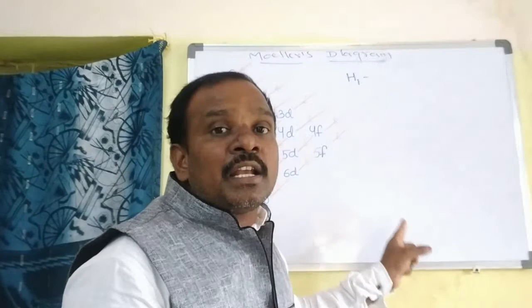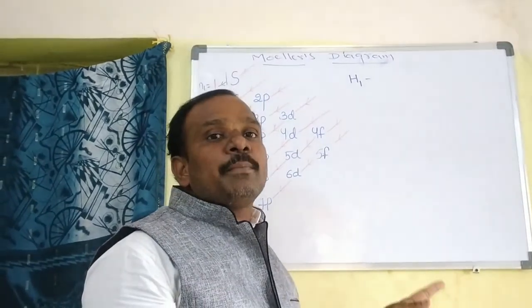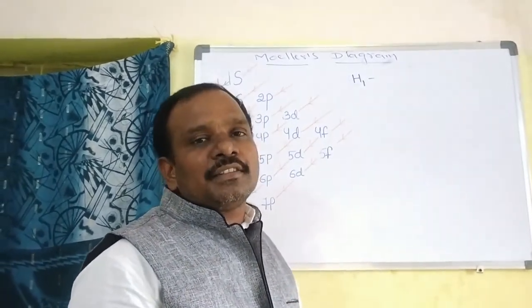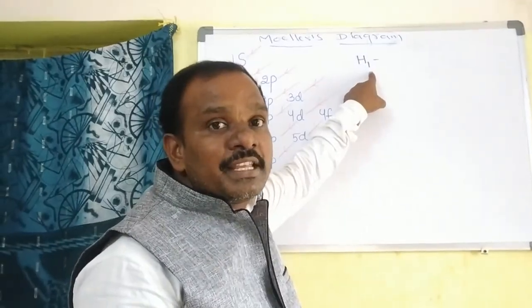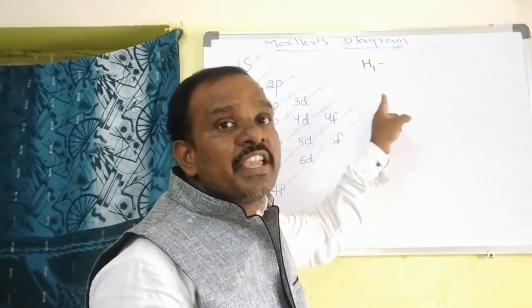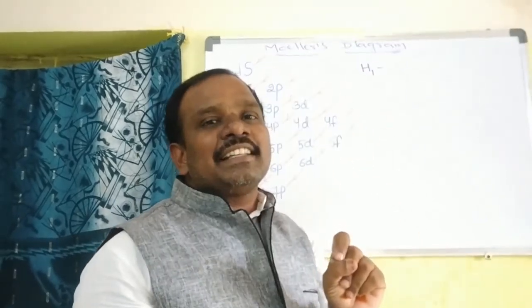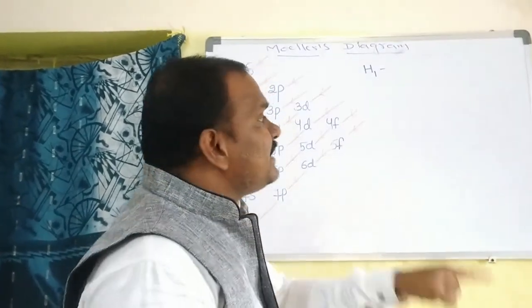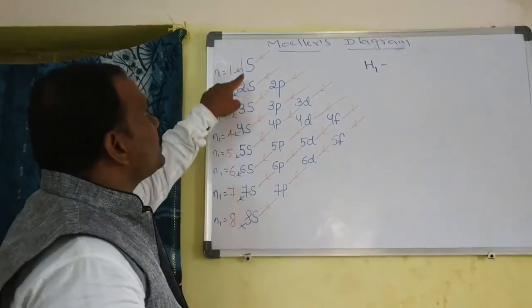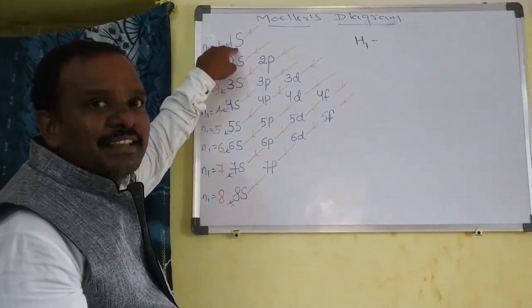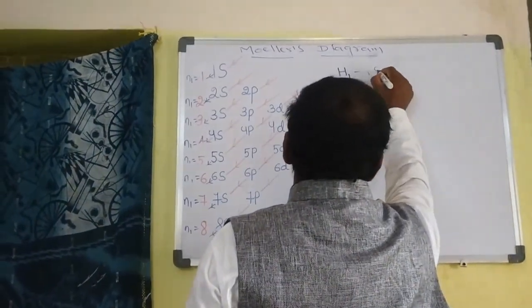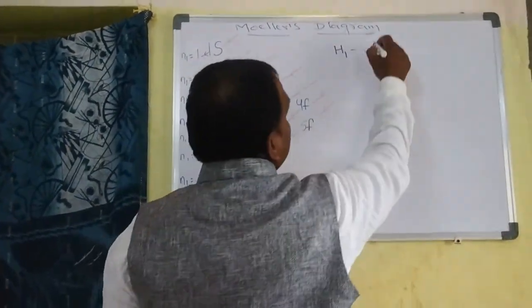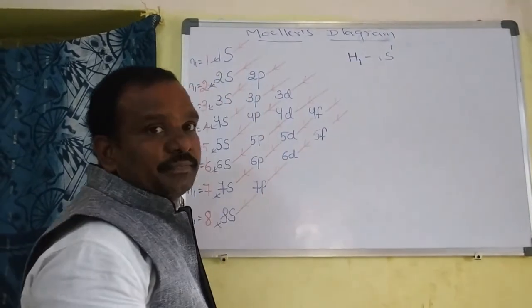Every neutral atom has an equal number of protons and electrons. This 1 indicates the number of protons, means this hydrogen has only 1 electron. That 1 electron is entered into which orbital, students? 1s orbital.